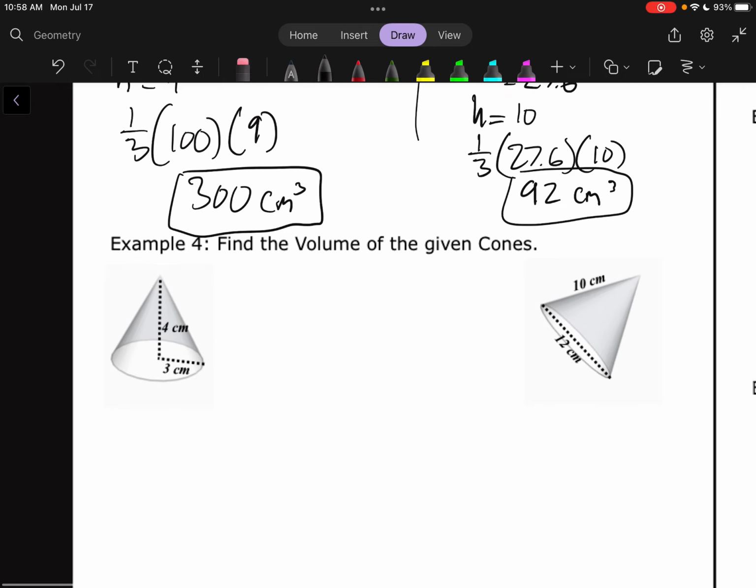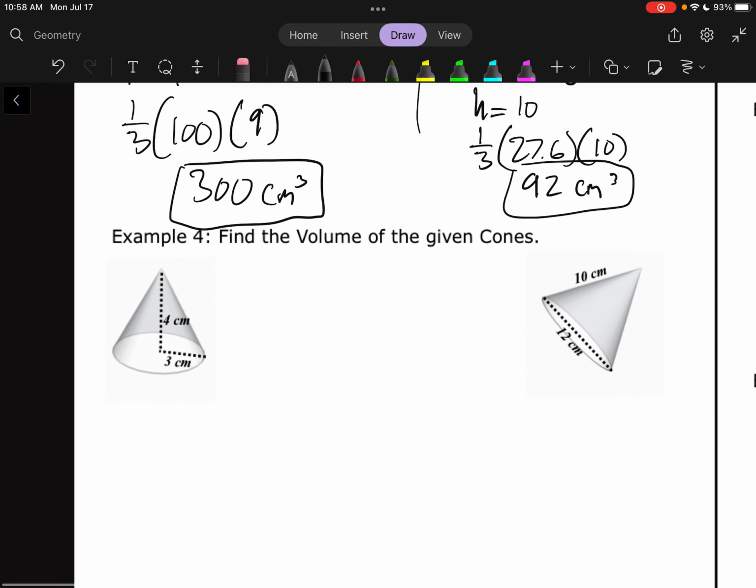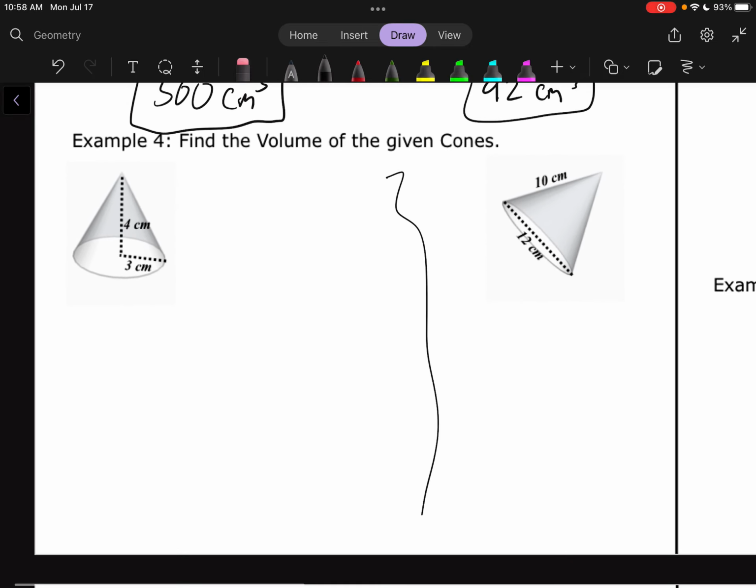For my cone here, we know we need to do 1/3 big BH. Our big B is the area of the circle. So that'll be pi times 3 squared, which is 28.3.